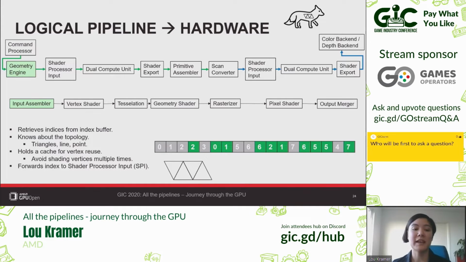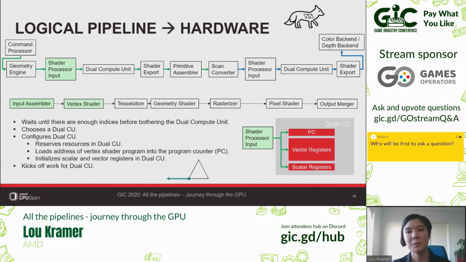And of course, if the cache is full, and some old vertices fall out of it, and they appear again, then we need to reshade them. This means as a programmer, when you generate your vertex buffers, it makes sense that triangles which share a vertex are also close together in the vertex buffer so that you make better use of this cache.